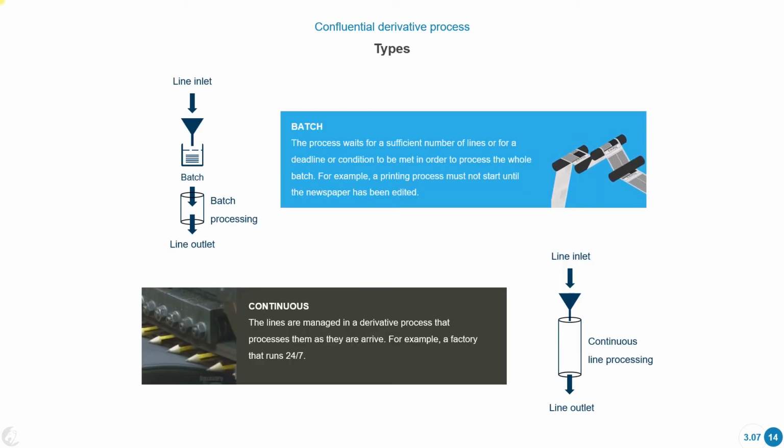Here we can see different types of confluential derivative processes with different examples. Here, let's say we have a line inlet. We generate a batch, and once we create a batch, we have to process that batch. The process is going to wait for a sufficient number of lines or for a deadline or a condition or something to be met in order to process all the batch.